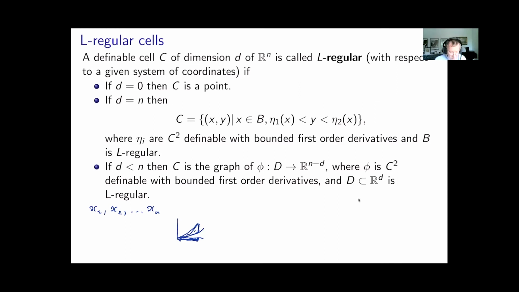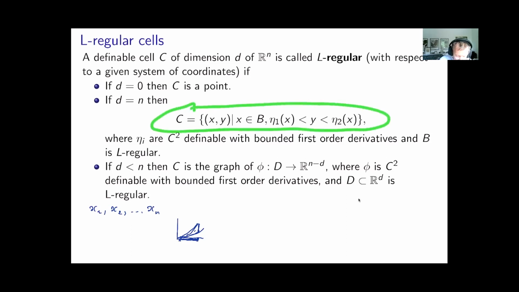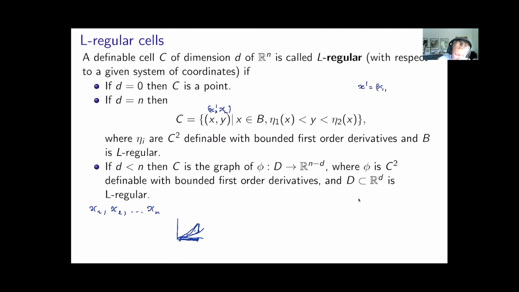This is an inductive definition of this type, where B is one variable less. So I should rather write x prime, x_n, and x prime are the first n minus 1 variables.